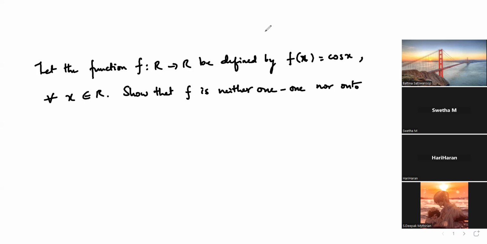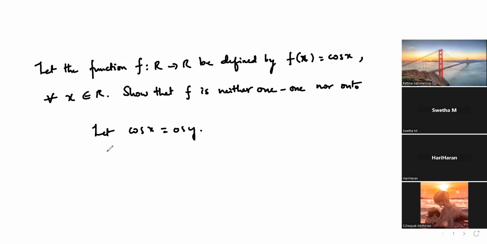What can we do? Let us say, sir, cos x equals cos y.